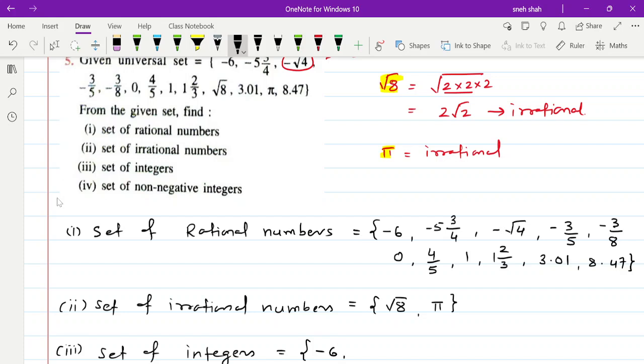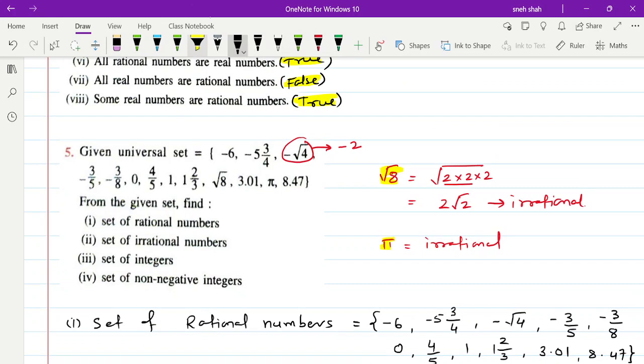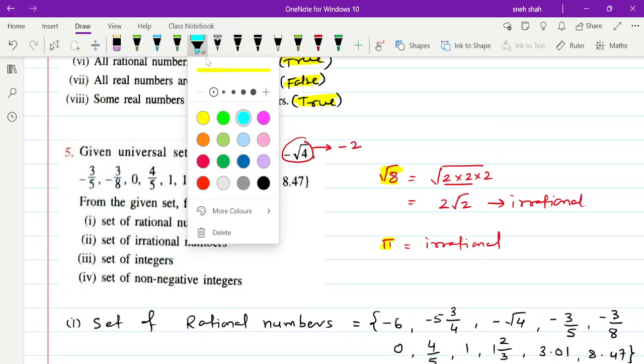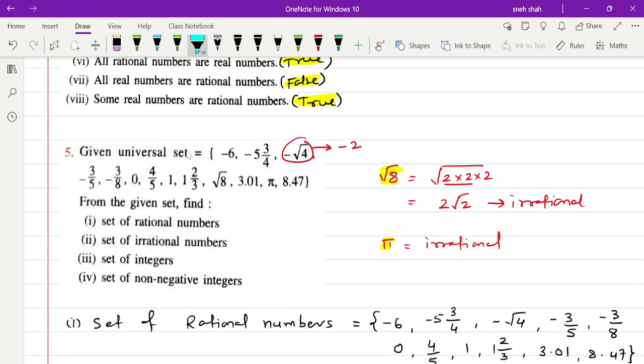Next integer in the set is -2, or -√4. Next is 0. Next is 1, and that's it. Only these numbers are the numbers which are perfect numbers.